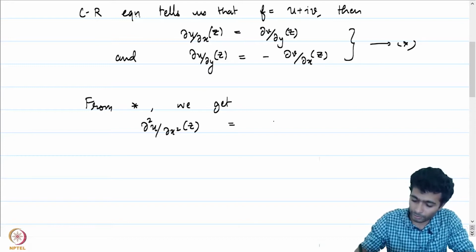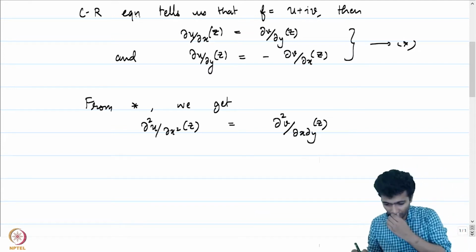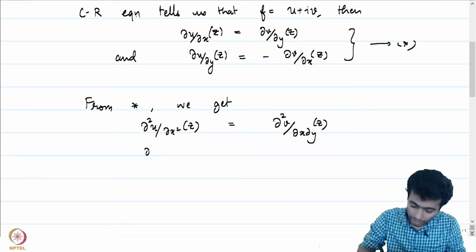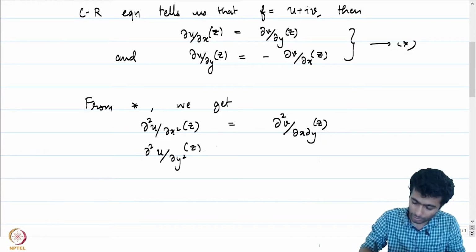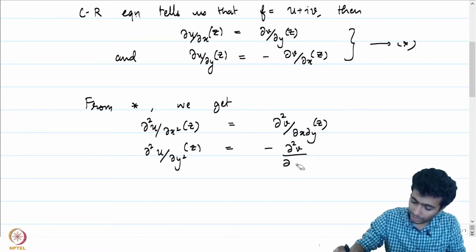This is going to be equal to ∂²v/∂x∂y of z. And what happens to ∂²u/∂y²? This is going to be equal to minus ∂²v/∂y∂x, rather, of z.